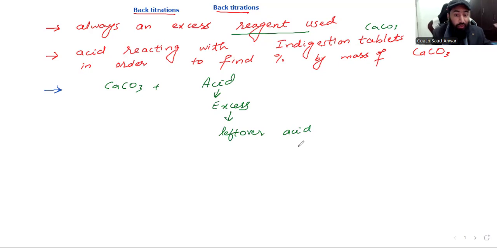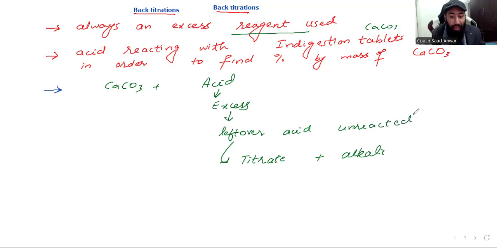Now, what will we do with this leftover acid? We will titrate this leftover, unreacted acid with an alkali. When we titrate, this will help us to calculate moles of unreacted leftover acid.